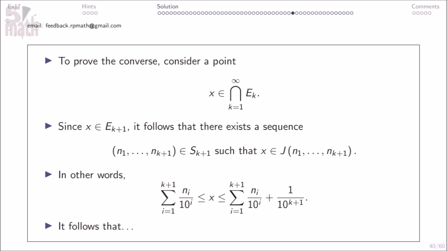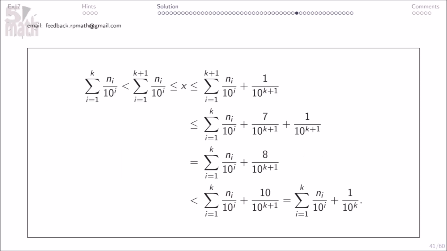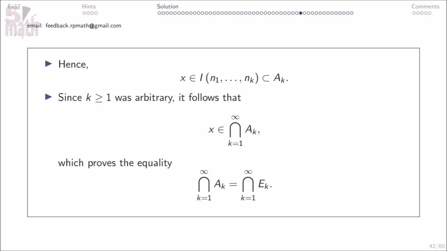It follows that all of this. Hence, x is an element of this. Since k greater than 1 was arbitrary, it follows that x is an element of the intersection, which proves the equality.